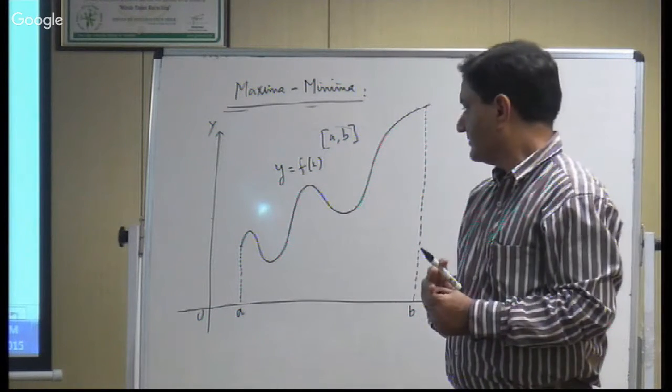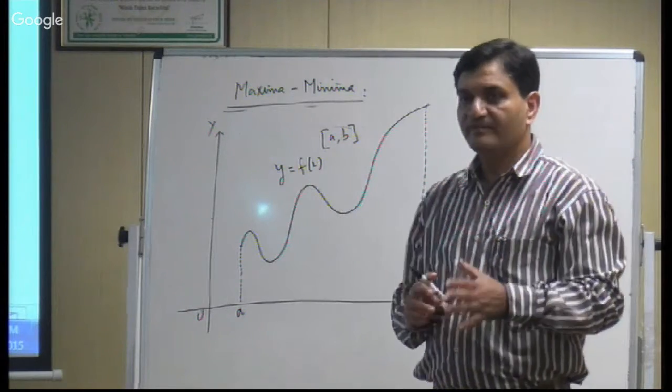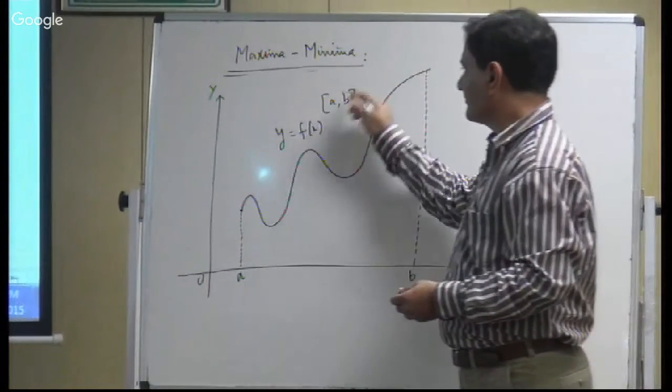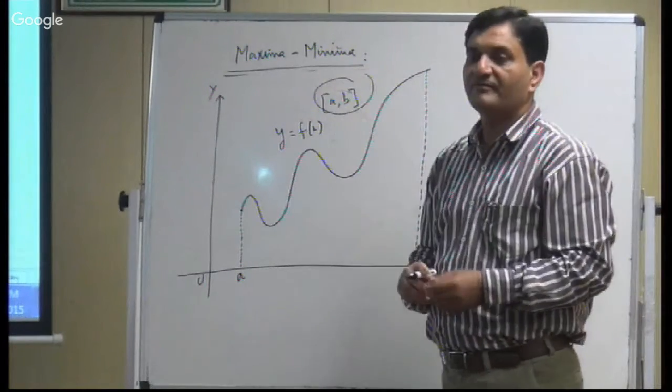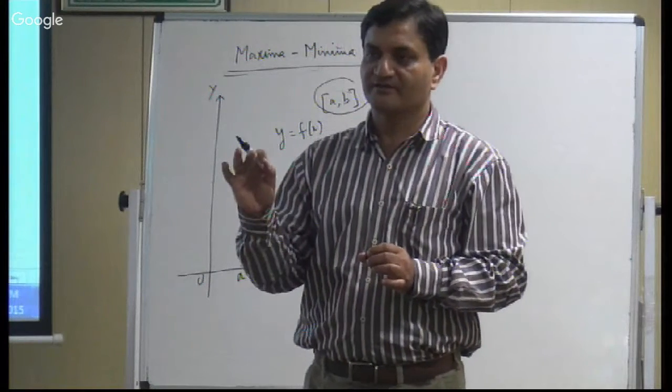Now see, absolute maxima means in the given domain, which is D in this case, this interval A to B, we have to find the points where the value of the function is greatest.